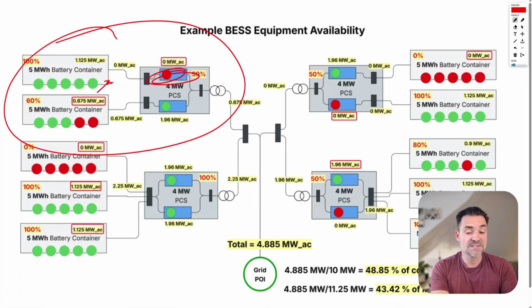But because the PCS module is not available, that bus capability is going to be 0 megawatt. The other module is fully available, but the container attached to it has only 3 out of 5 strings connected. So it's only 60% available.